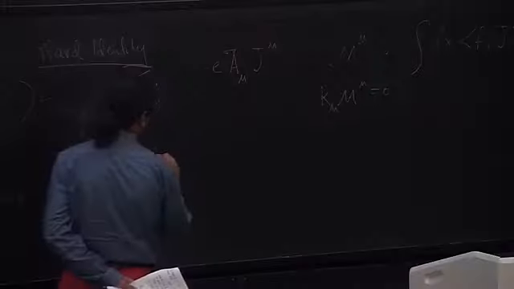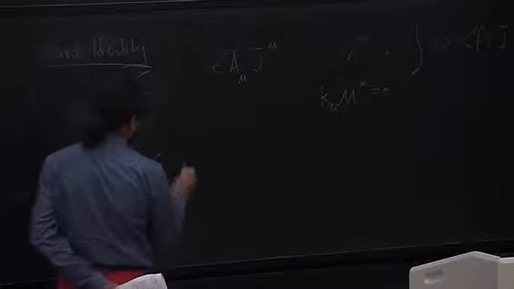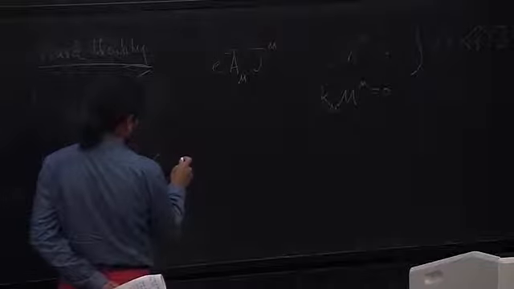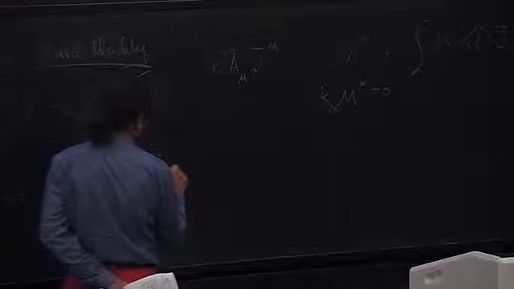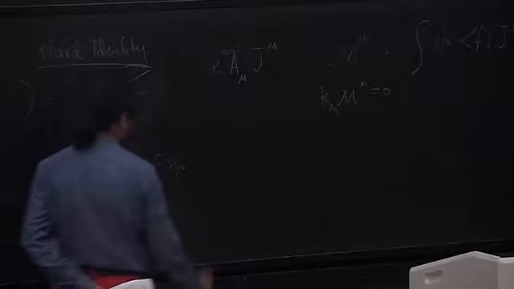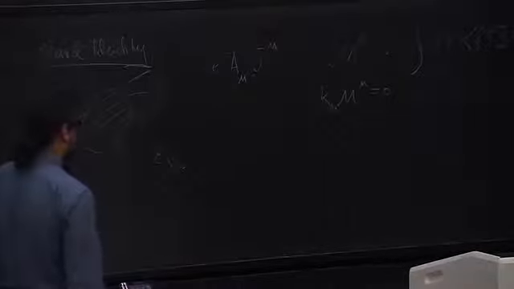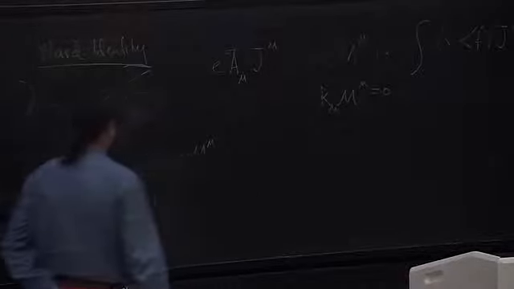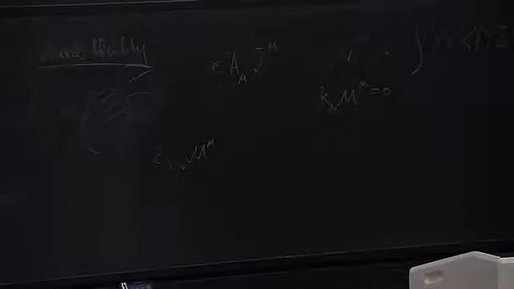So the way to see it most clearly, in my opinion, is to start with the fact that we have some polarization vector contracting with the amplitude.